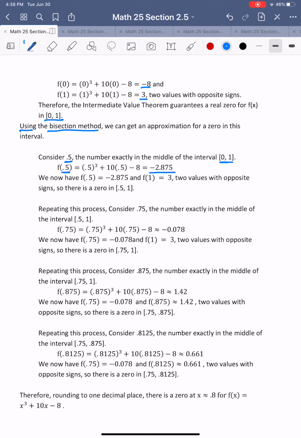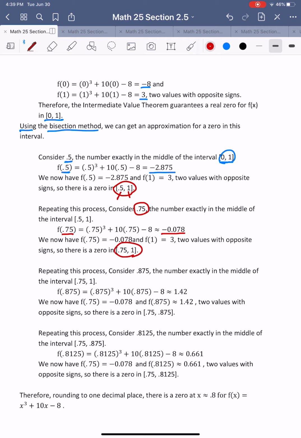So instead of 0 to 1, I can reduce the interval to 0.5 to 1, because this end still gives a negative value and this end still gives a positive value. Now between 0.5 and 1, I use 0.75. It's still a negative value, so instead of 0.5 and 1, now I can use 0.75 and 1.